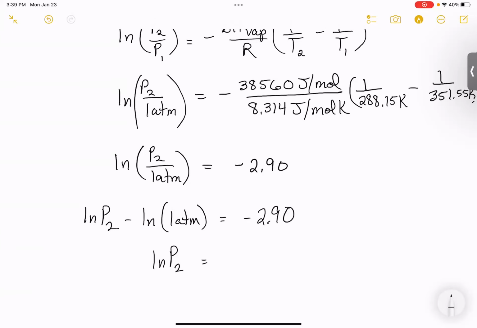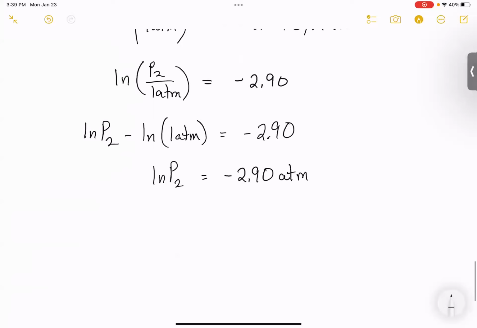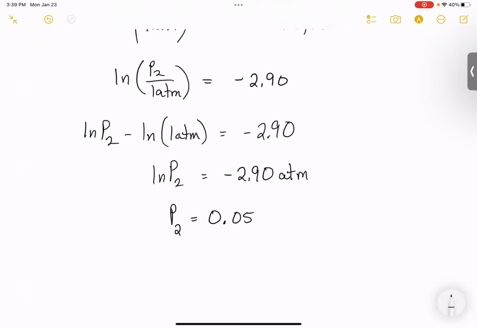The log of 1 is 0, so it stays the same in this particular case, but now it has the unit of atmospheres. When you take the inverse of natural log, which is the exponential of negative 2.9, you get a value of 0.055 atmospheres.